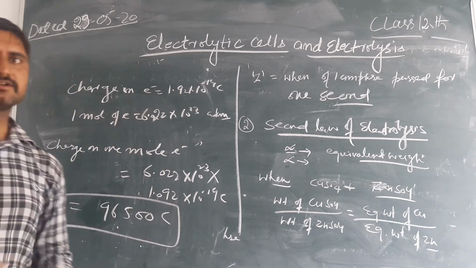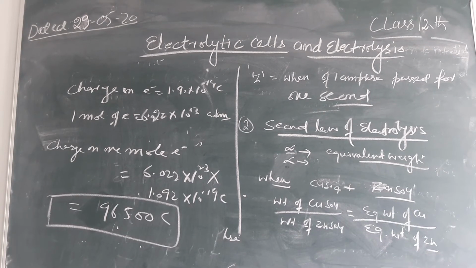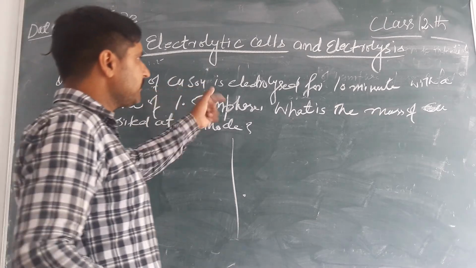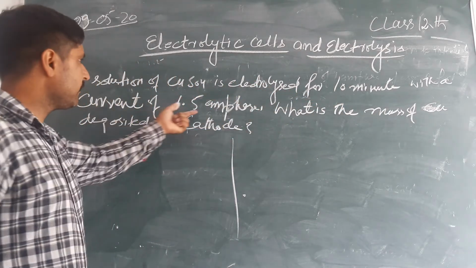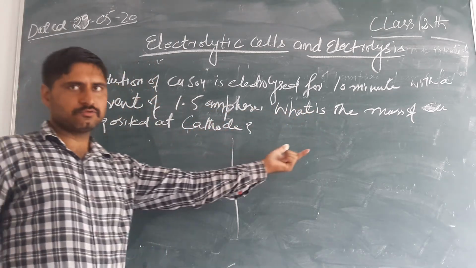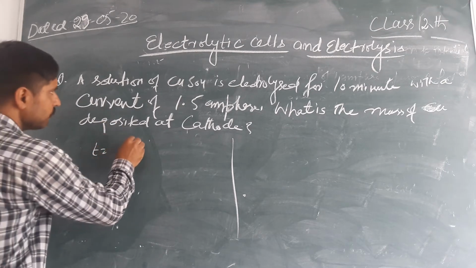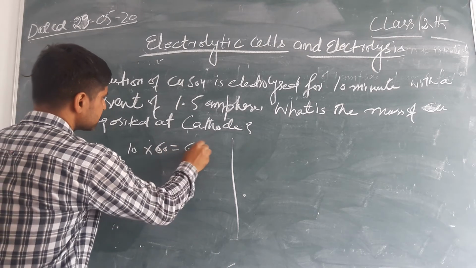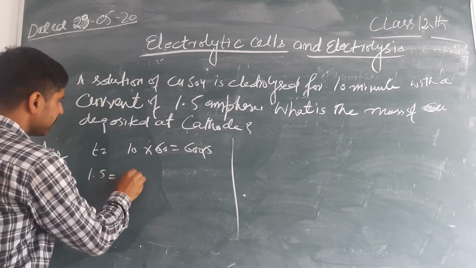Now we can discuss the numerical. A solution of copper sulfate is electrolyzed for 10 minutes with a current of 1.5 ampere. What is the mass of copper deposited at the cathode? Time is 10 multiplied by 60, equal to 600 seconds, and current is 1.5 ampere.